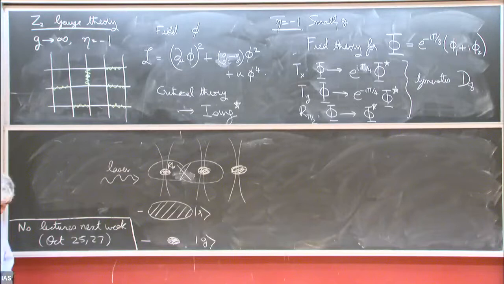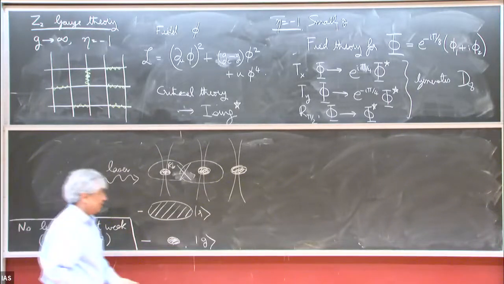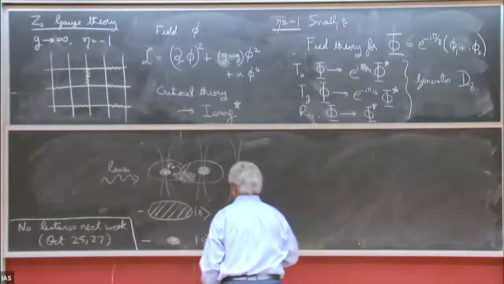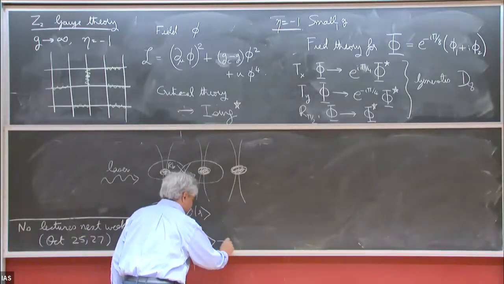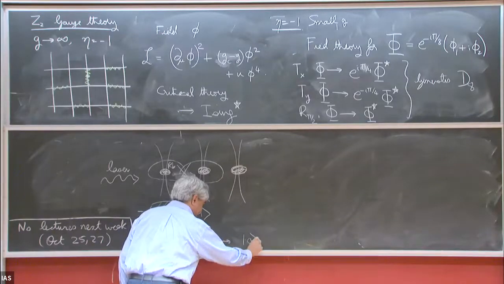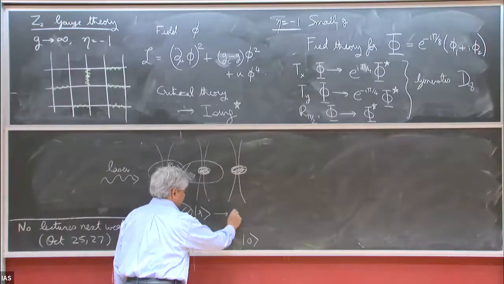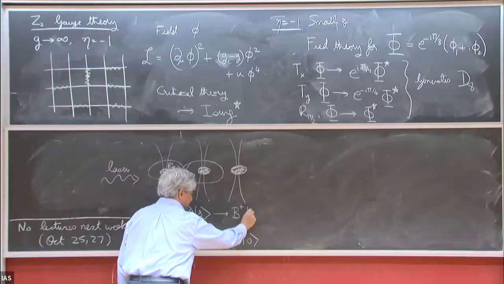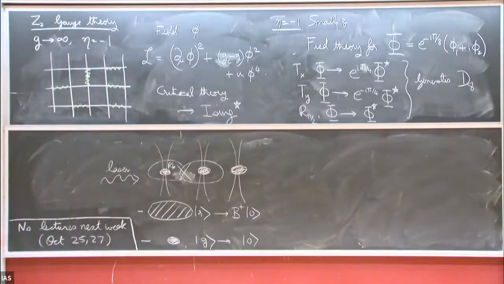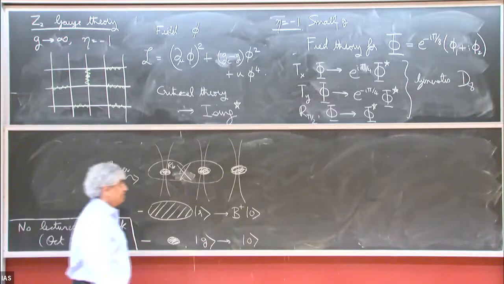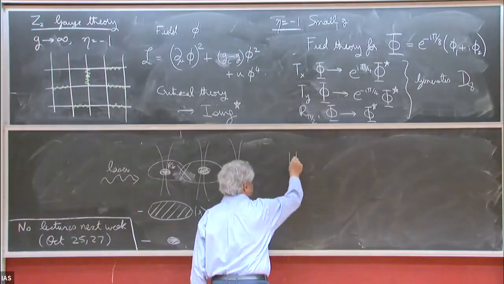So that's it. That's the system, and I can write down a very simple Hamiltonian for it. What I'm going to say is that this ground state, I'm going to identify as the empty state. And the excited state, I'm going to say there's a hardcore boson there. Every time the atom is excited to the Rydberg state, I say there's a boson there. So what is my Hamiltonian?